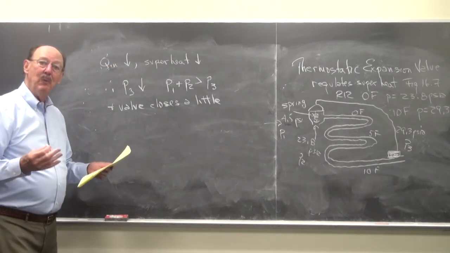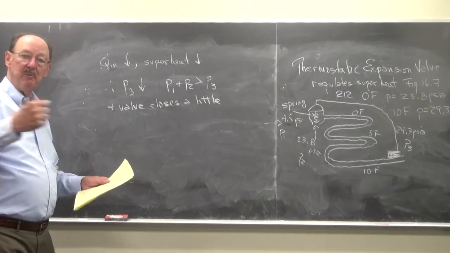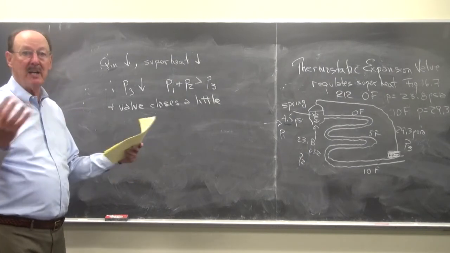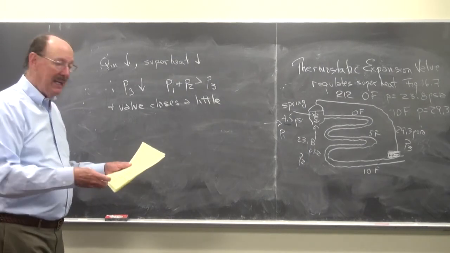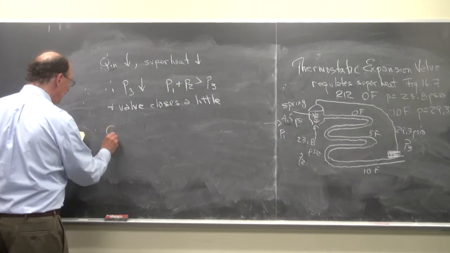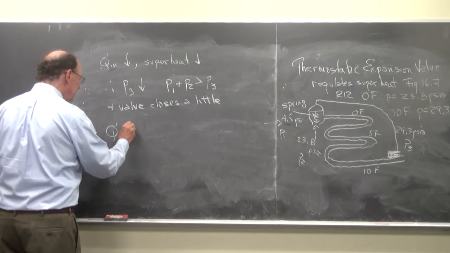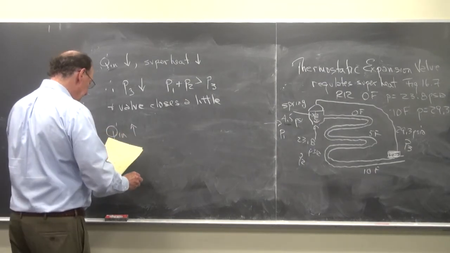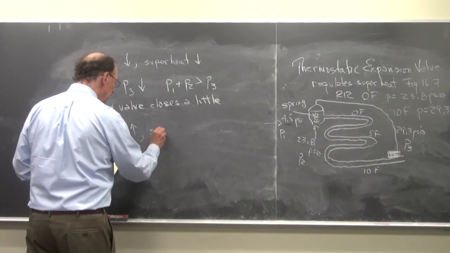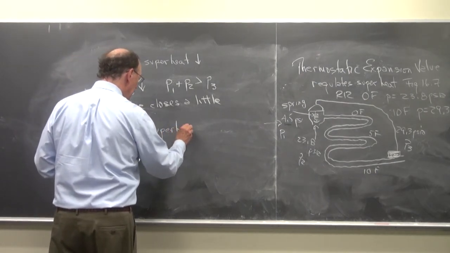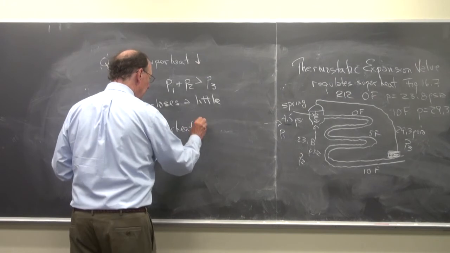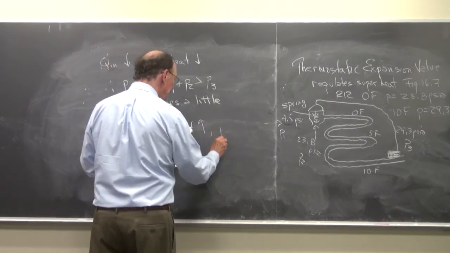And when the heat increases, so I open the refrigerator door, I put stuff in, whatever's going on, Q in increases, so the opposite happens. If I have Q dot in increasing, then the superheat increases and P3 goes up.